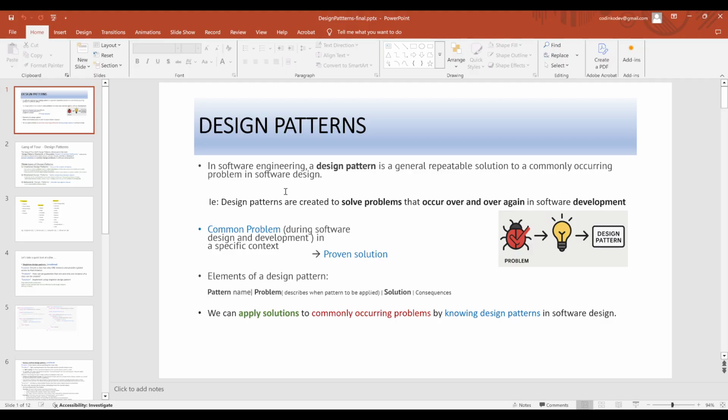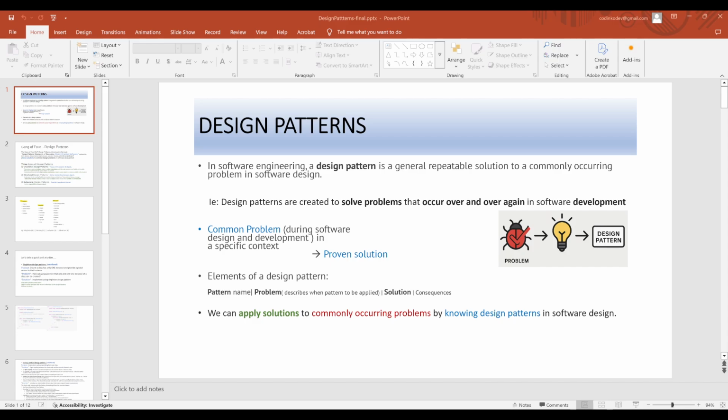There are proven, tested, general solutions to these commonly occurring problems in software design, and these solutions are the design patterns. Design patterns are created to solve problems that occur over and over again in software development. That is a key thing we need to understand here.